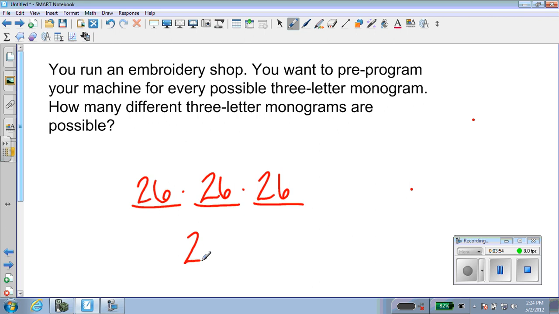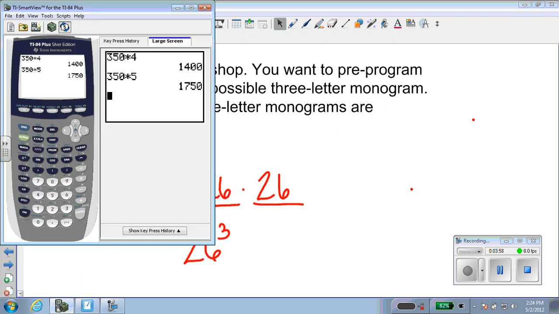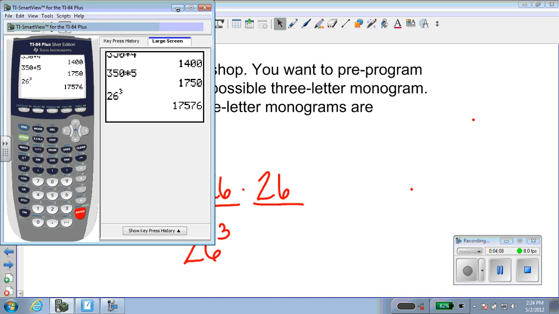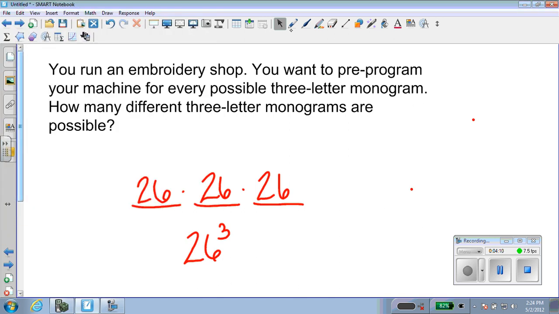Or I could just do 26 to the 3rd power to make it shorter in my calculator. So 17,576 monograms.